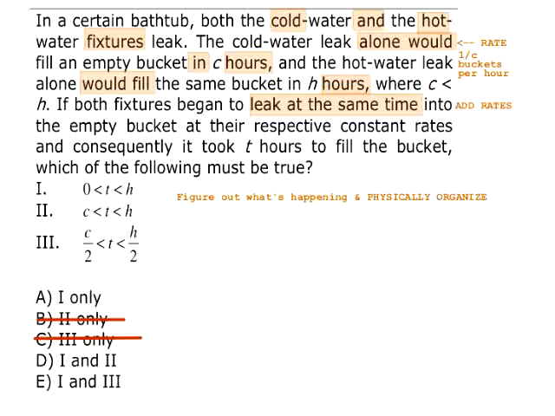For rate problems, you might not even need a whole formal chart, because if you know that this is a rate of 1/C buckets per hour, it's a rate of 1/H buckets per hour, you might not even need the whole chart.